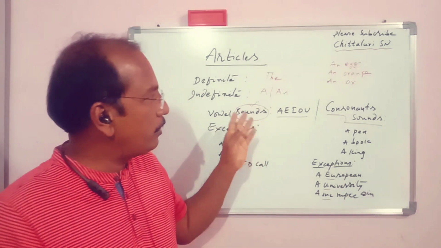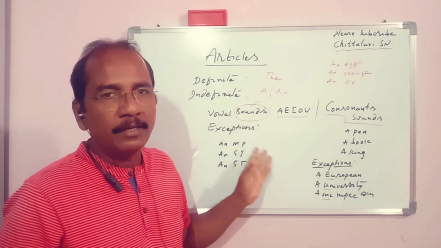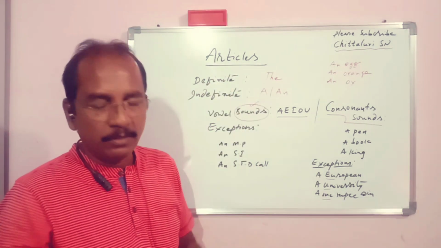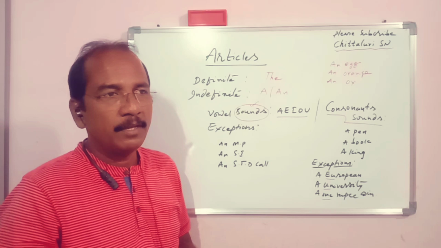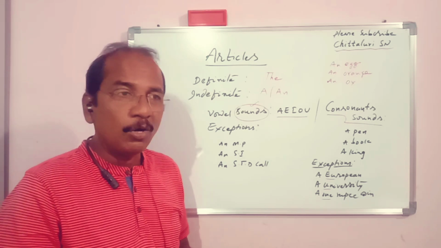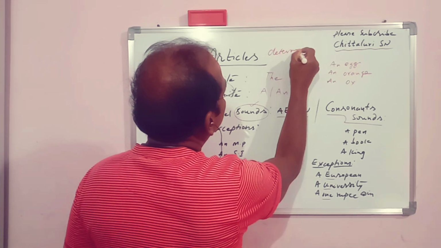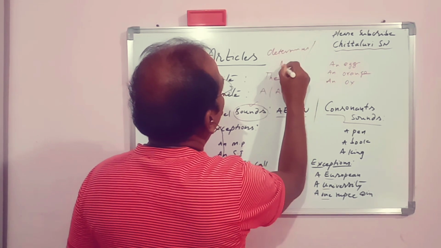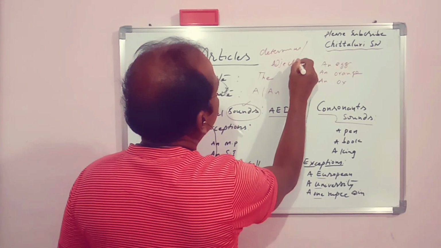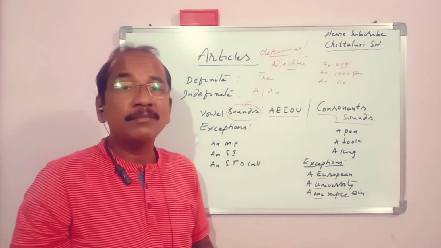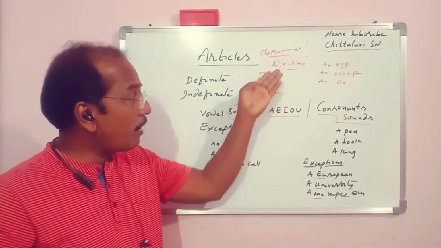So today, in the course of our English grammar class, we are going to learn about articles. What are those? Articles are also called determiners, and also adjectives. Why? What are adjectives?